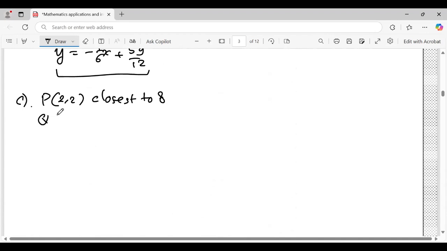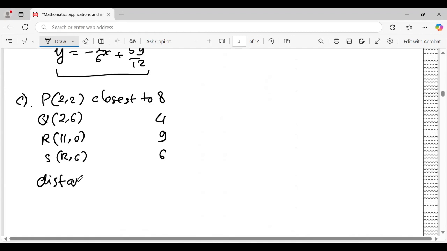Q (2, 6) is closest to 4, R (11, 0) closest to 9, and S (12, 6) closest to 6. So next, we will calculate the distance from the point (6, 8).